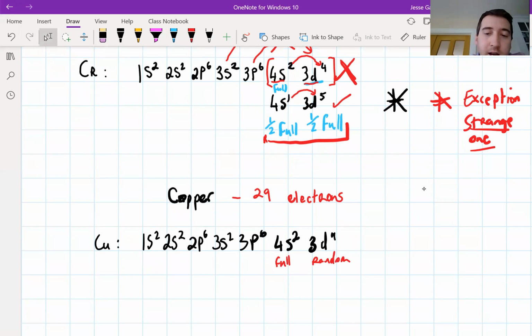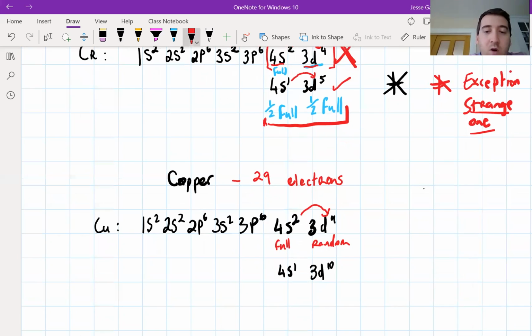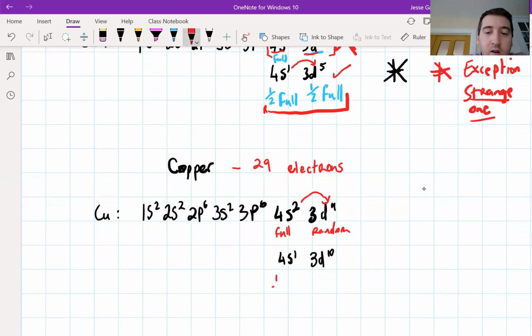Whereas if we promote an electron from here to here, that leaves us with the configuration 4s1, 3d10. Now what we've got is the 4s is half full, and the 3d is full. So we see here, this is extra stability. And because of this extra stability, this is what happens.